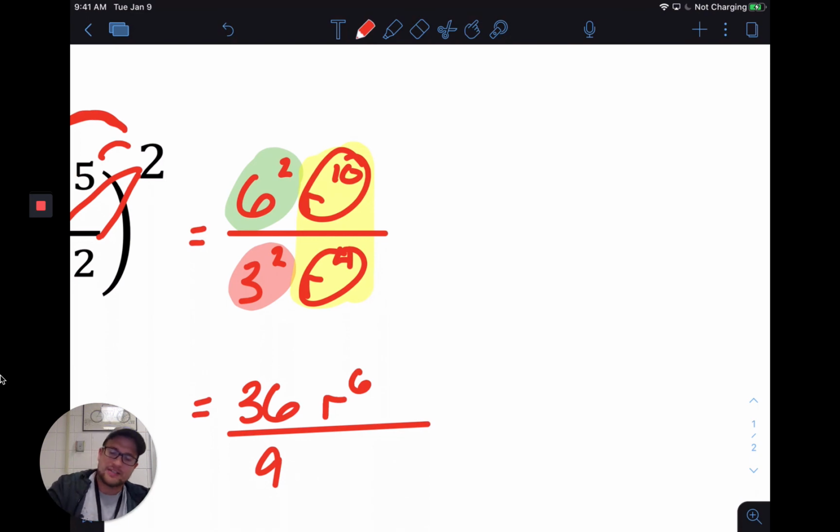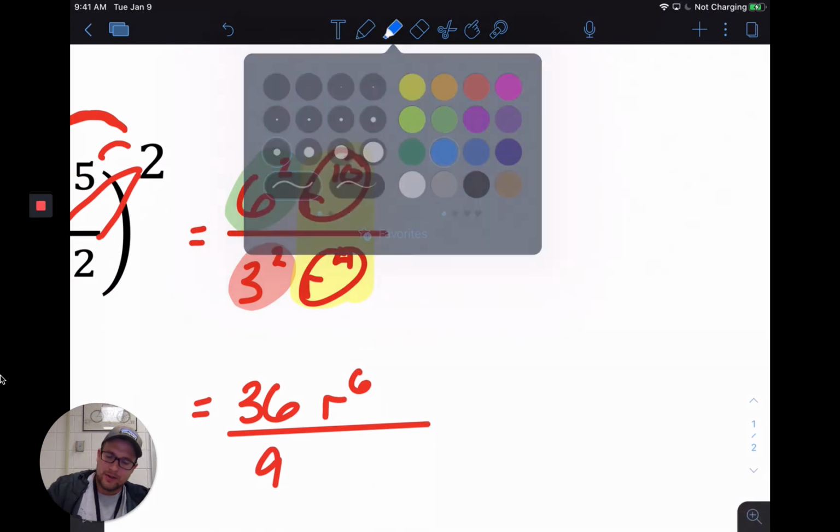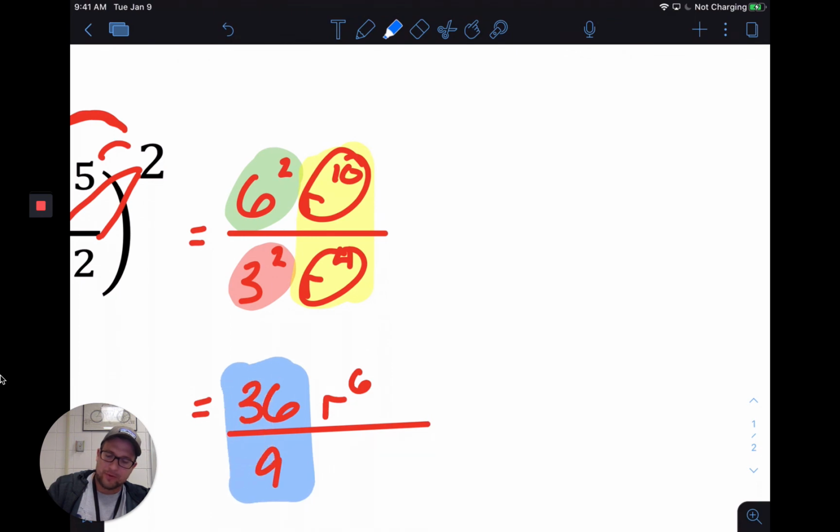Now, one last piece we need to add onto this deals with these 2 numbers. If you ever have a whole number in your numerator and in your denominator, that's the top and the bottom of your fraction, we need to simplify them if possible. Now, we do know that there is a number that goes into 36 and that also goes into 9. And that number is 9. 9 goes into both of these 2 pieces.